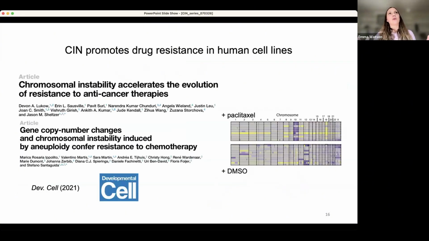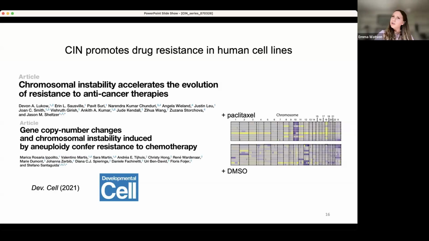And so what do we know about chromosome instability and drug resistance in human cell lines and human cancers? Well, we know that it is very much involved. There are some great papers published in Developmental Cell in 2021 from Jason and Stefano's lab, showing that if you increase chromosome instability by, for instance, messing with the spindle assembly checkpoint, creating more aneuploidy in the population, this accelerates the evolution of drug resistance, both in cancer and non-cancer human cell lines.